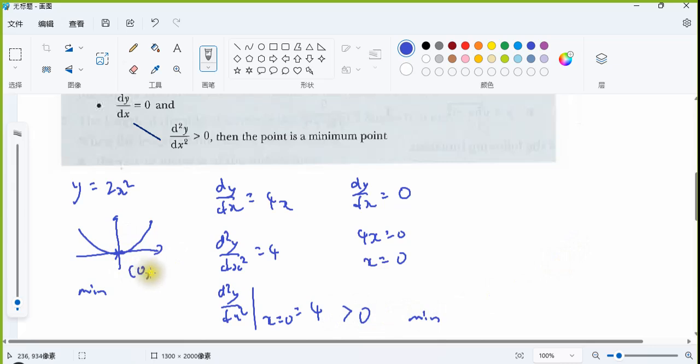So (0, 0) is the minimum point. And we can see that the gradient is negative, then 0, then positive. So negative, 0, positive combined, it is a minimum.